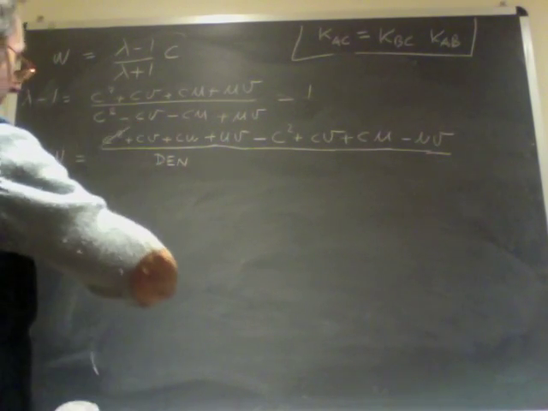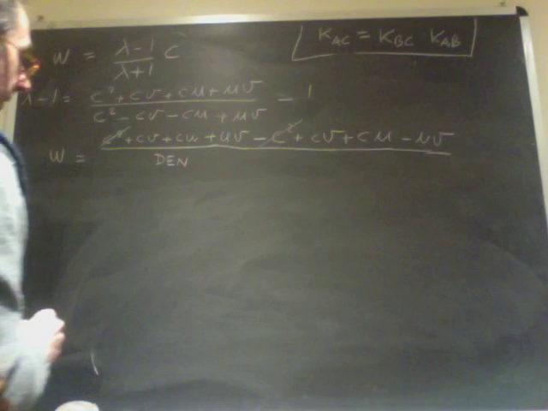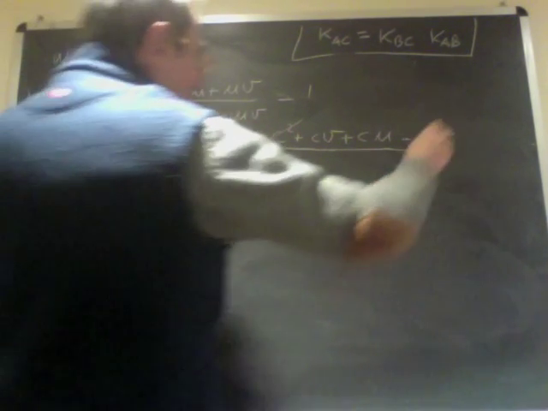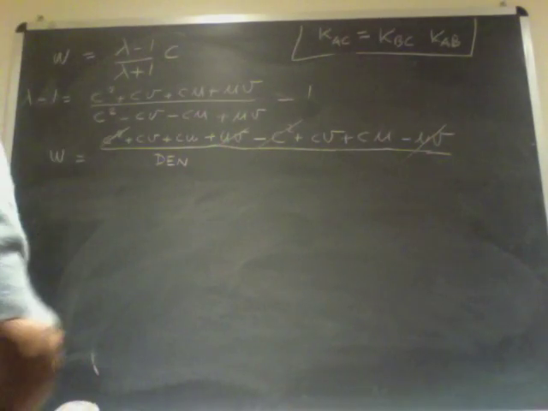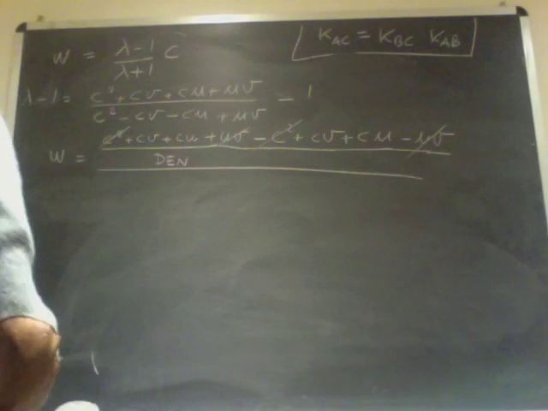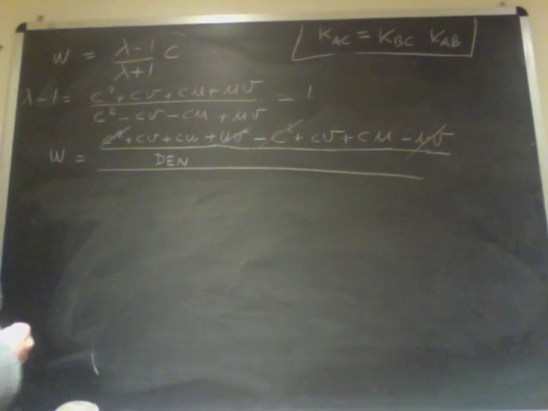So C squared minus C squared, they go away. Then UV minus UV, they go away. Let's do the same work downstairs.